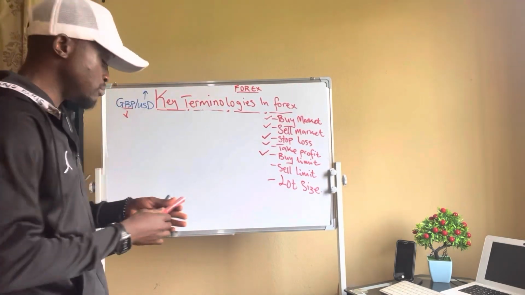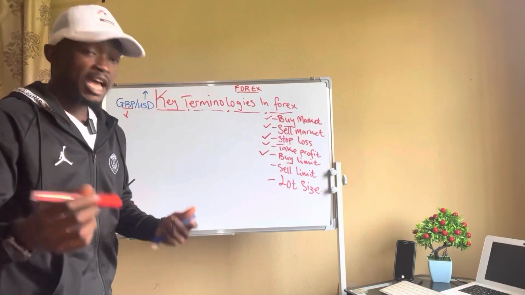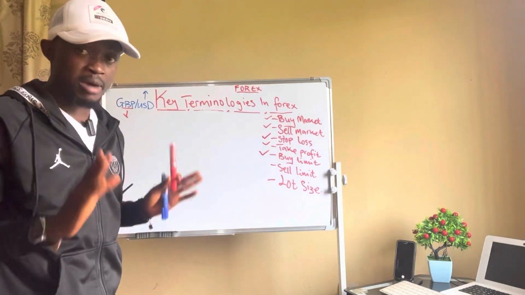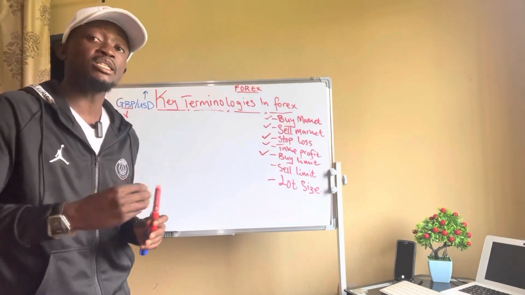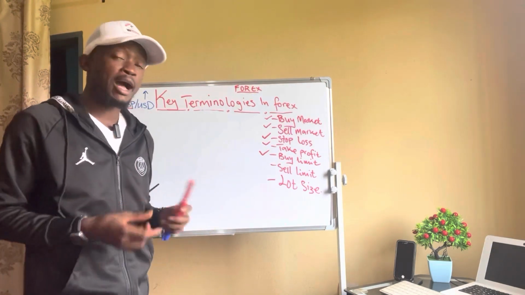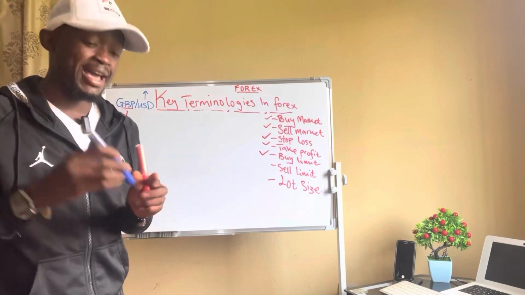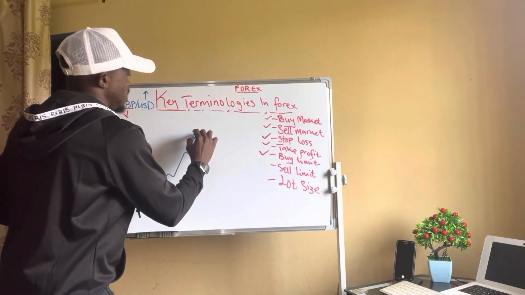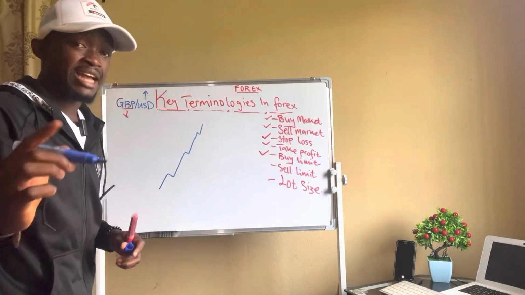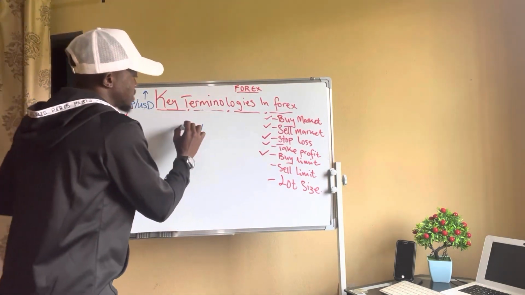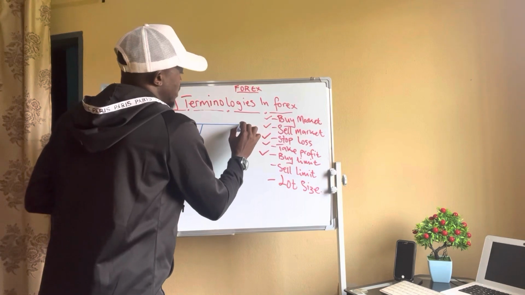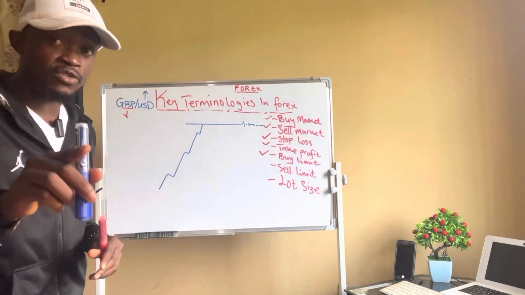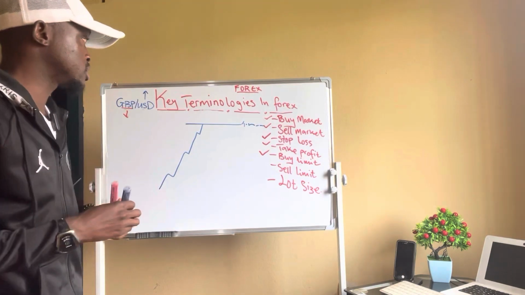Now, sell limit. Sell limit is a line that you place in the market instructing the broker that, hey broker, if this market buys and reaches a certain price, 1.xxxx, I don't know, you activate me a sell limit.